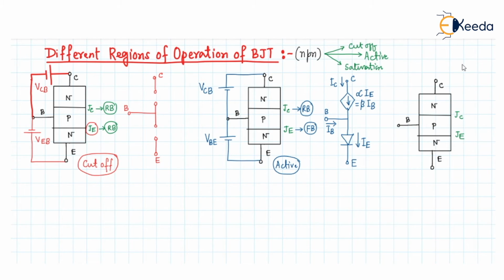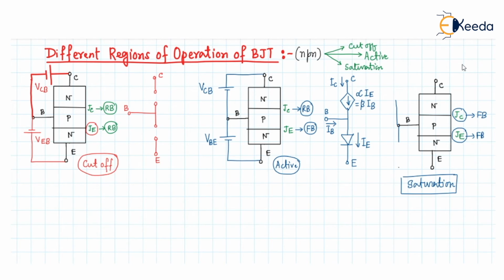In the last case, we will talk about the saturation region of operation. We have to make the JC junction forward biased as well as the JE junction forward biased.